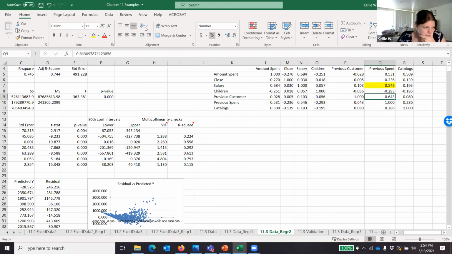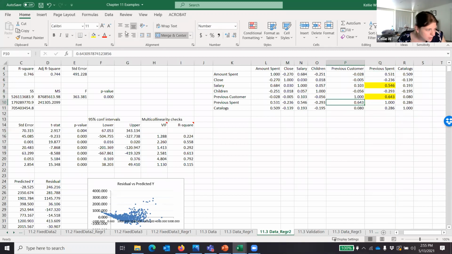I probably don't need this. So previous spent is highly correlated with both salary and previous customer. That would tell me that it's pretty redundant, and I probably could stand to drop that one.